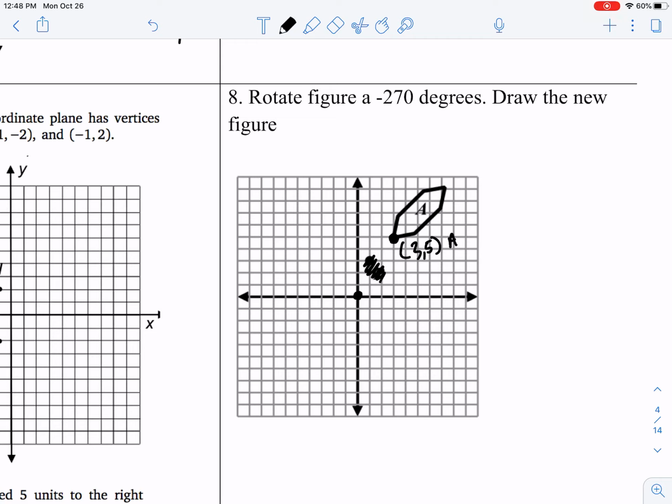Just going to call it A. So negative means I'm going right. 270 is not 90. So divide my given rotation amount by 90. That tells me how many times I'm going to apply the 90-degree rule.